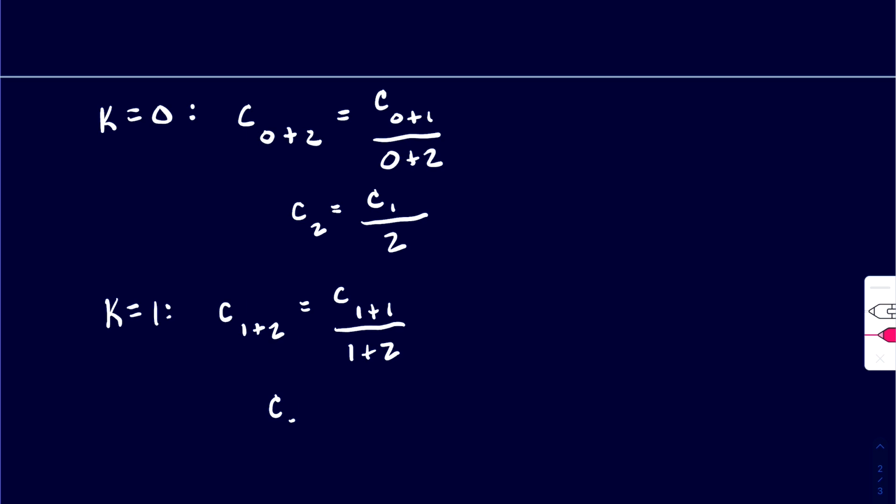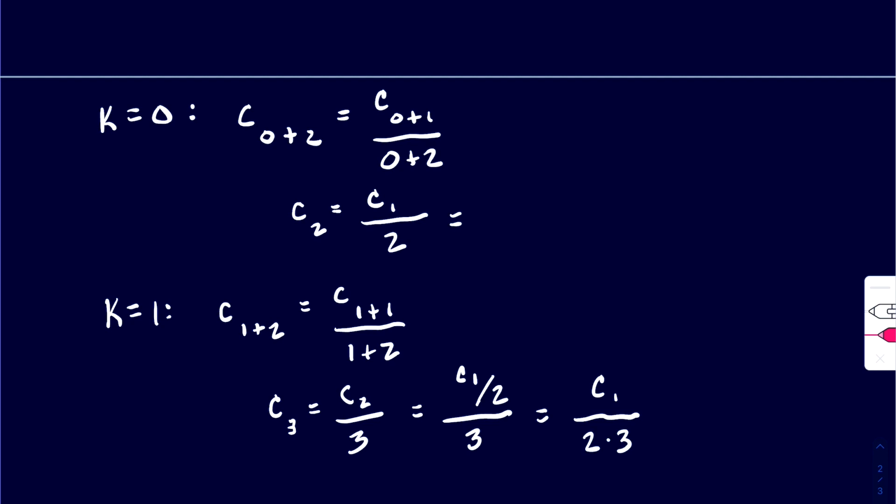Now for k equal to 1, that will give us c3 is equal to c2 over 3, which is equal to c1 over 2, plugging in for c2, over 3, which is c1 over 2 times 3.